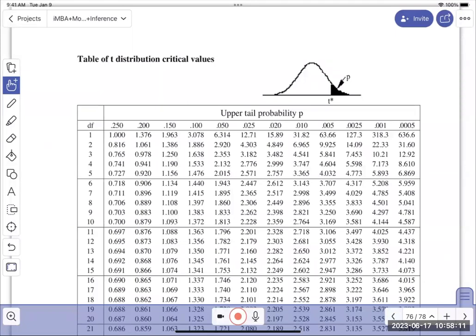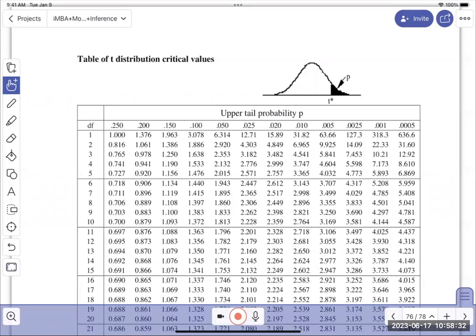How many of you got that far in advance? There's a couple of things. It's a difference between T and Z, and then this table.